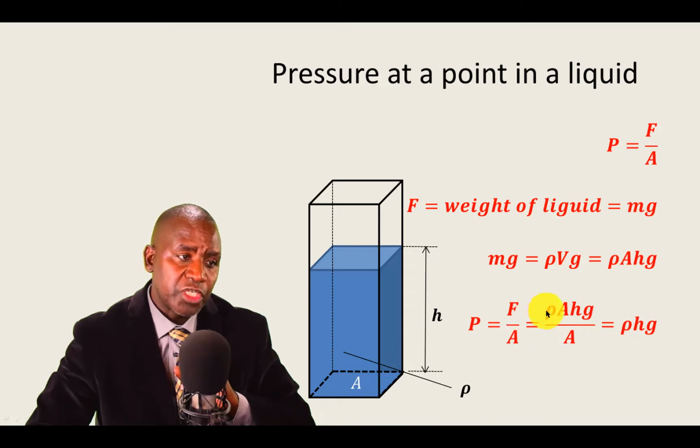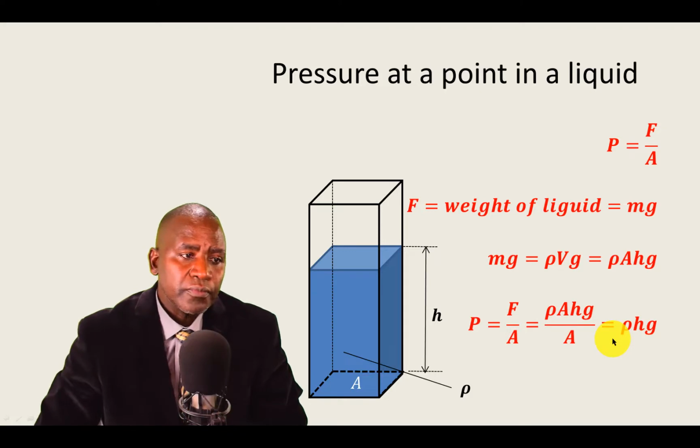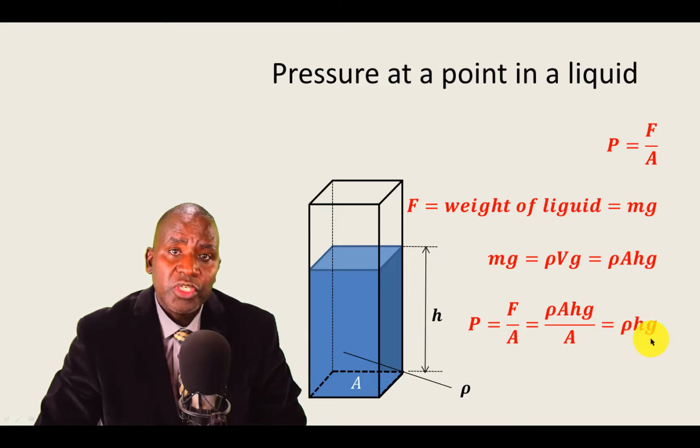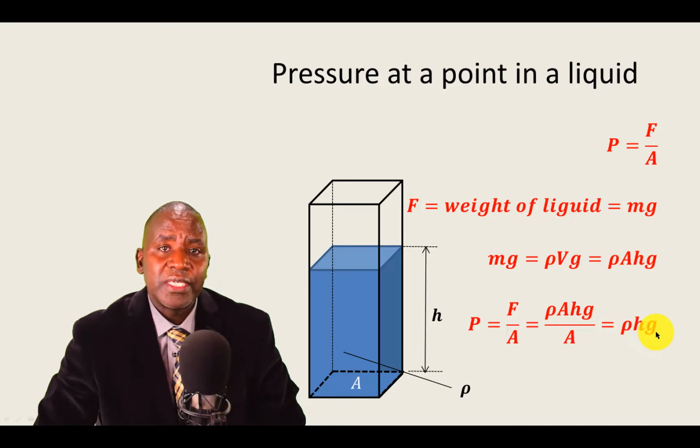So the force is rho A H g divided by A, and once this A cancels out with this A, we get the pressure at the bottom of the container as rho Hg, where rho is the density of that liquid in kilograms per meters cubed. H is the depth of that point from the surface of the liquid. And of course, g is the gravitational field strength.